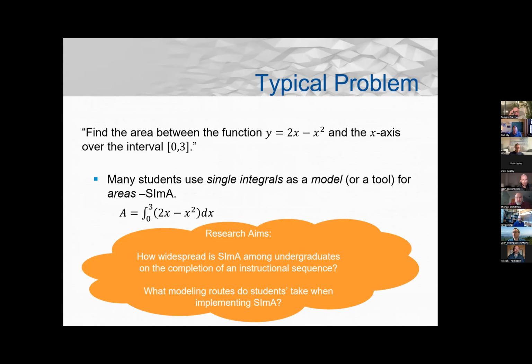But it was interesting for me to find out how widespread this way of thinking, this SEMA, is on students' completion of an instructional sequence. And it was also interesting to delve into the details of this way of thinking and what happens when we zoom in into the smaller parts of the actual students' actions that they take when they approach the problems of this sort in this way.